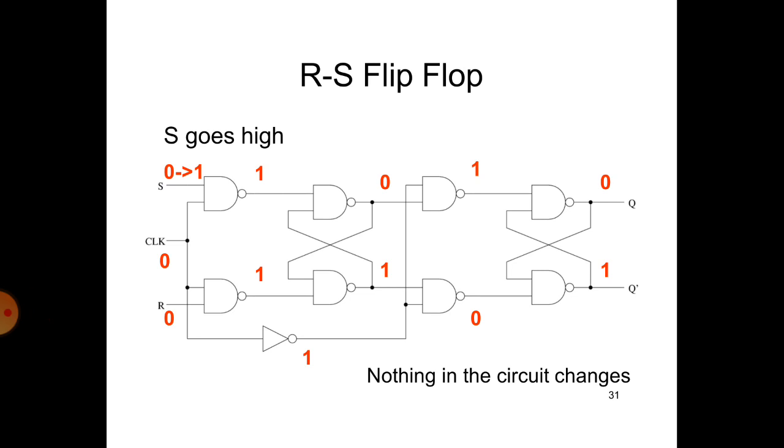Clock will be 0 and clock will be 1. So in that case, the input and output clock pulse Q and Q bar will be the same. There is no change in the circuit.